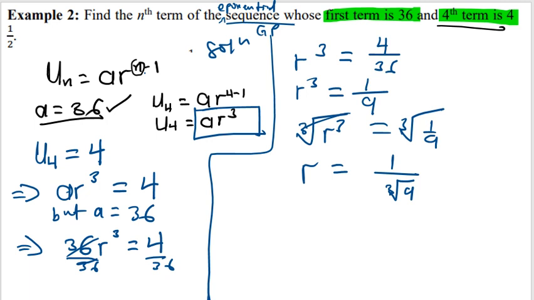Okay, so that is the answer. That would be our common ratio. The question is asking us to find the nth term.